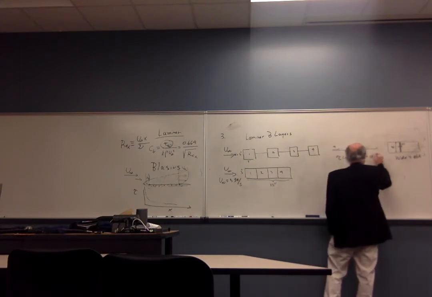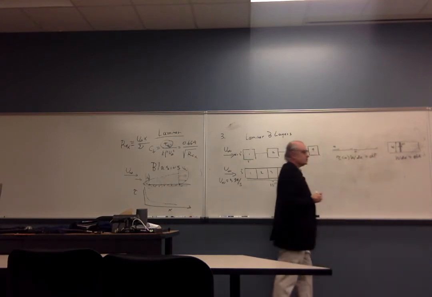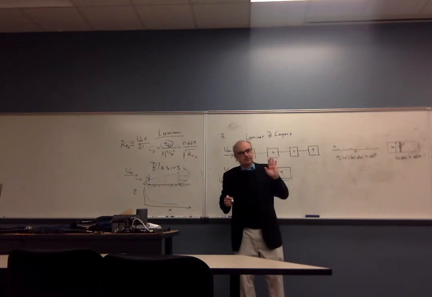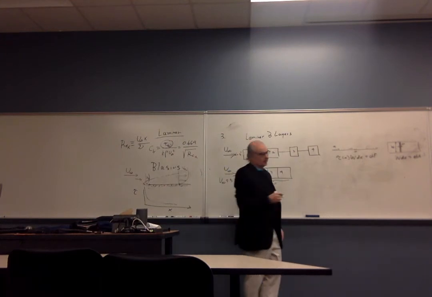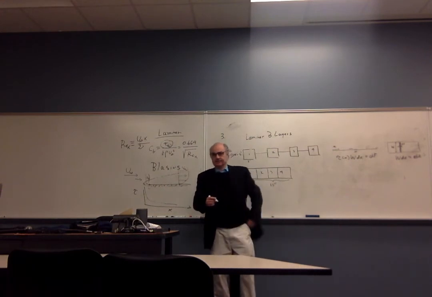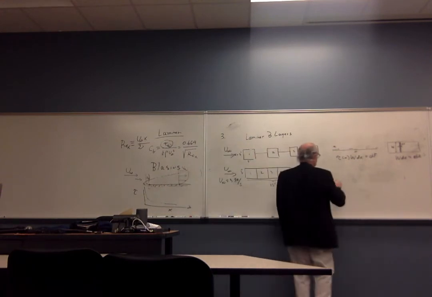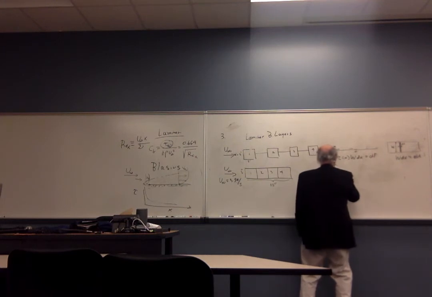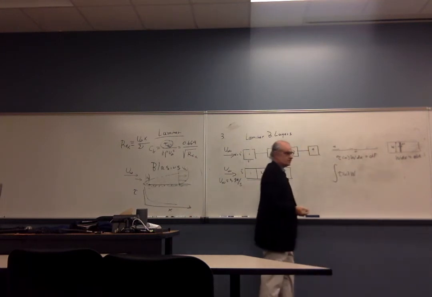I'm not going to get the total force, I'm just going to get the small force that's pushing the plate forward, right? Now I can integrate it. I've got it properly formulated, so I'm going to integrate this thing. W is a constant, right?